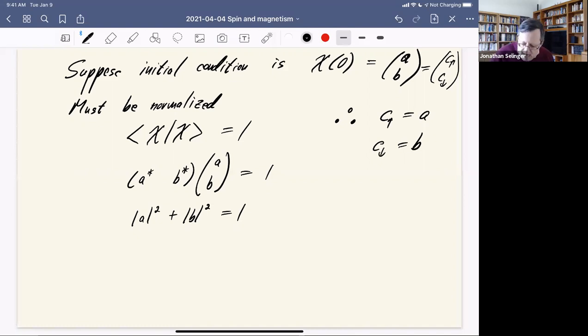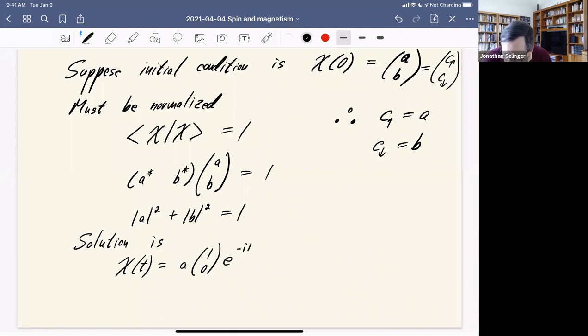So with that, we get our solution. Our solution is that at any time, chi of t is A times (1, 0) times the exponential e to the minus i E up t over h bar, plus B times (0, 1) e to the minus i E down t over h bar.